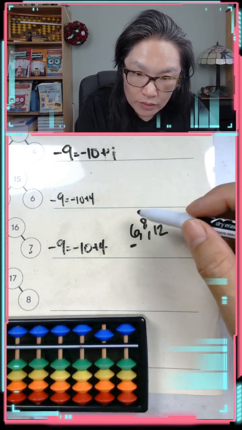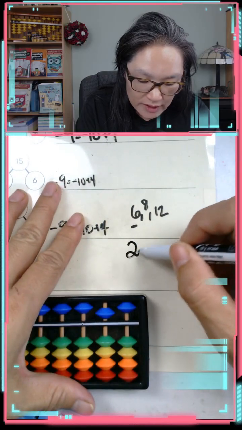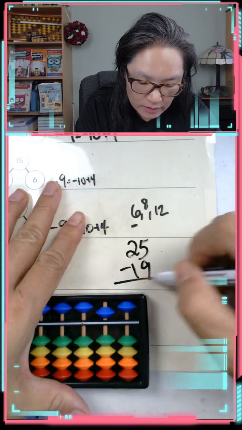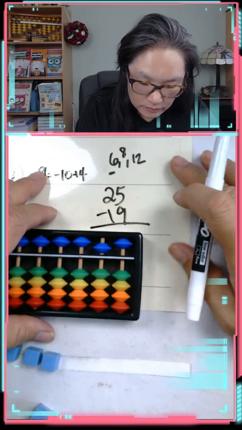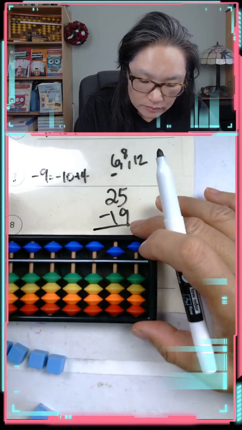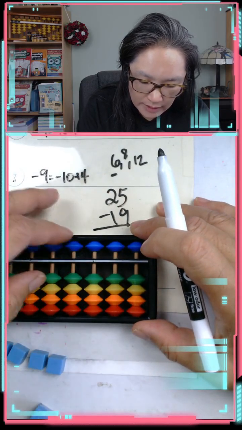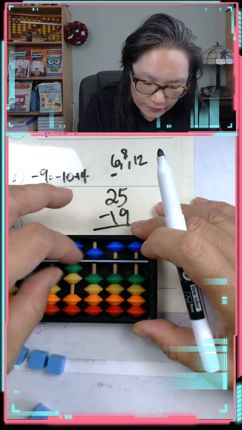And then the question was 25 minus 19, right? So on the abacus we have 25, take away 9.